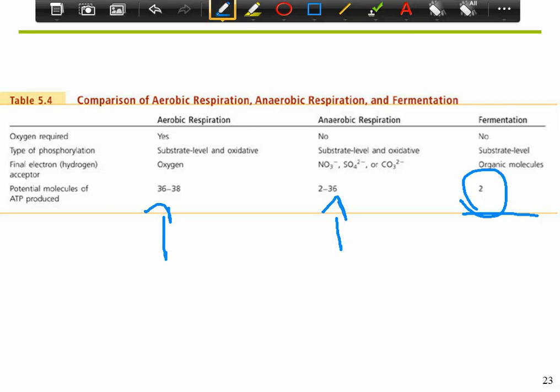Remember, the only difference is who's the final electron acceptor. Remember, you have the Krebs cycle, you've got glycolysis, you have an electron transport chain in both processes. Because oxygen is not the final electron acceptor, you don't generally get as much energy in anaerobic respiration as in aerobic. But it's certainly more than fermentation.